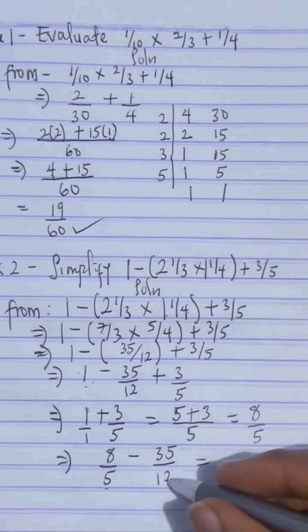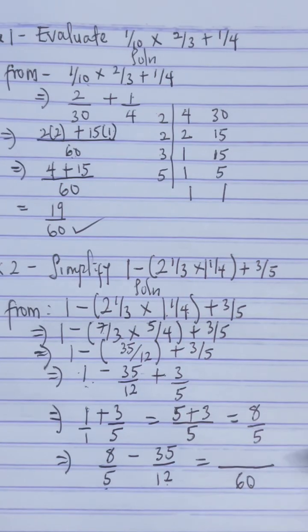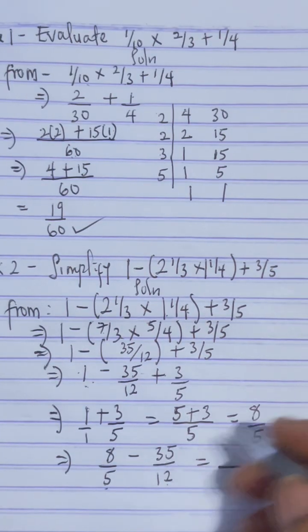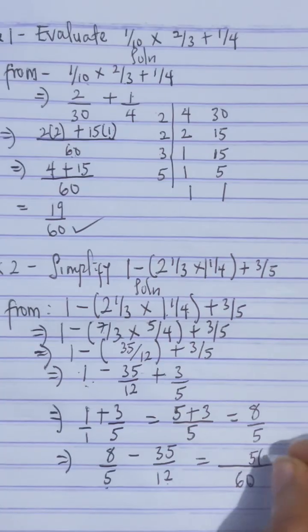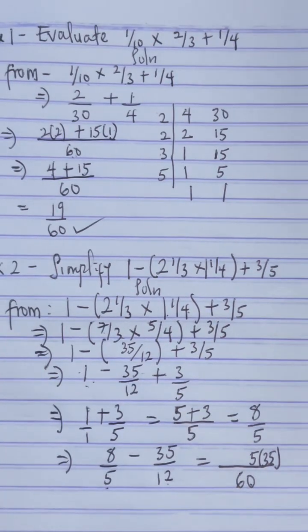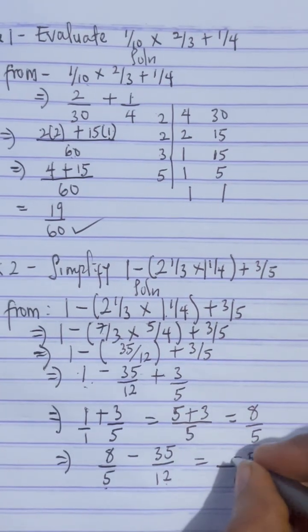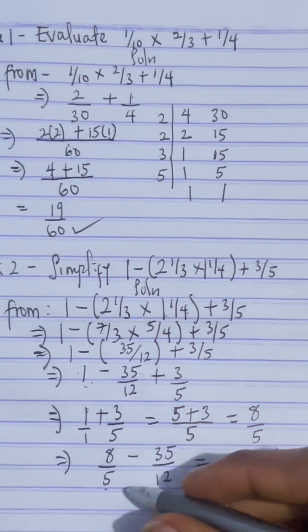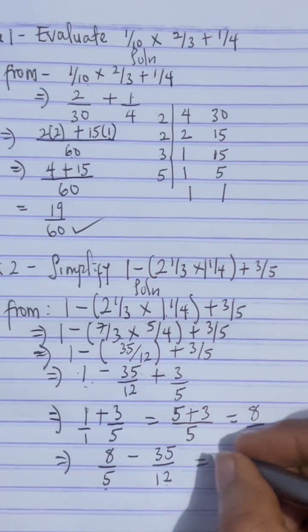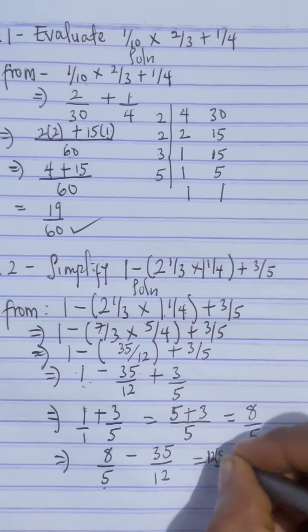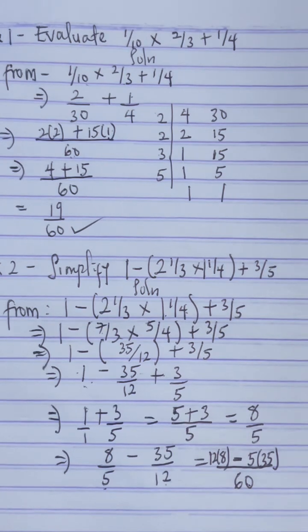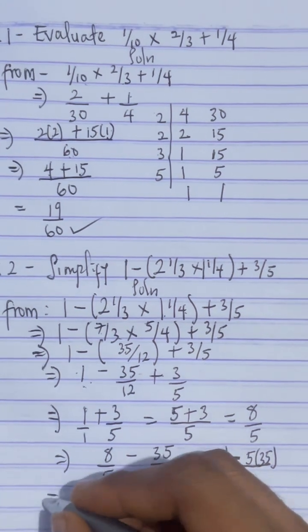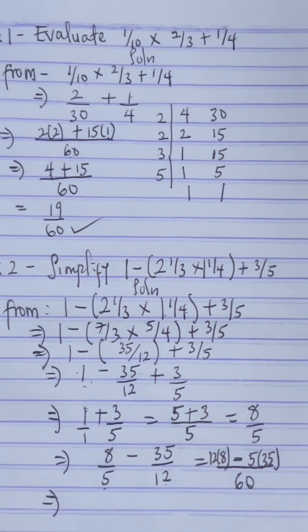So 60 divided by 12, you get 5, right? Good. So 5 times 35. Minus 60 divided by 5 is 12. So 12 times 8. Right there, which implies we have 12 times 8.